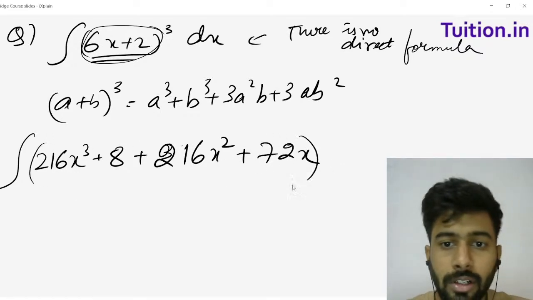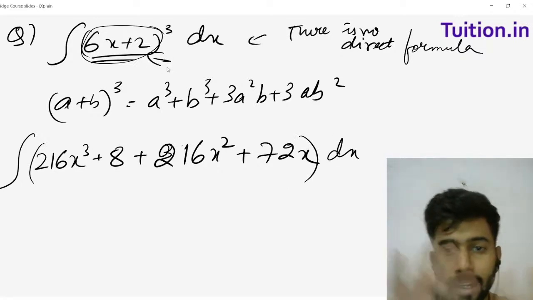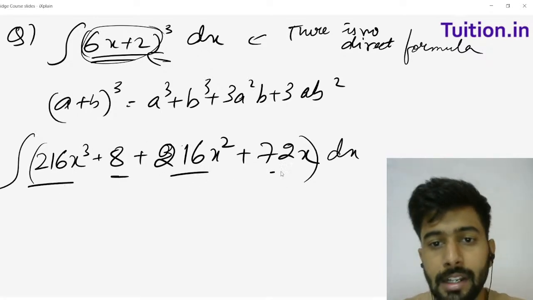So what I did, I just split the bracket as (a plus b) whole cube, and then you can integrate each of these parts separately.